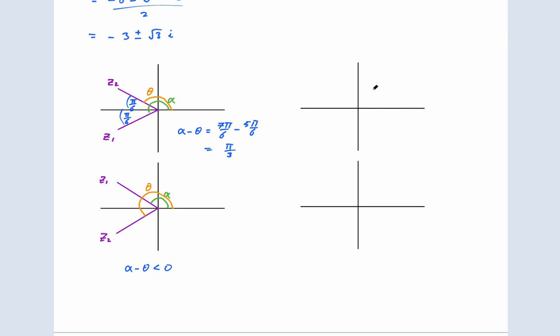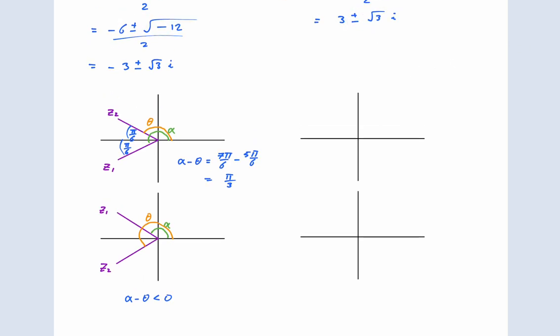Okay, let's do it over here. We're going to do this for our 3 plus or minus root 3. So it's the same kind of thing. So this guy is there, and this guy is here. Now let's make him Z1 and him Z2, and this guy Z2 and this guy Z1.